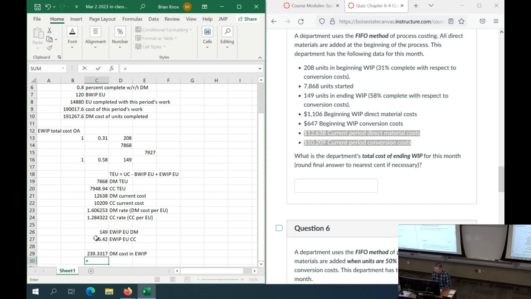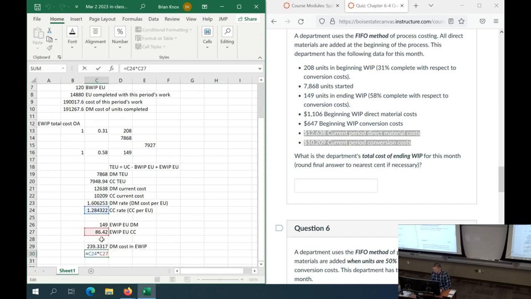I can do the same thing. I'll copy it down. Take the CC rate, the conversion cost rate, multiply it by the ending WIP equivalent units with respect to conversion costs, and I end up with $110.99 of conversion cost in ending work in process.